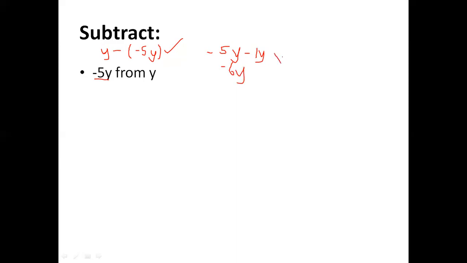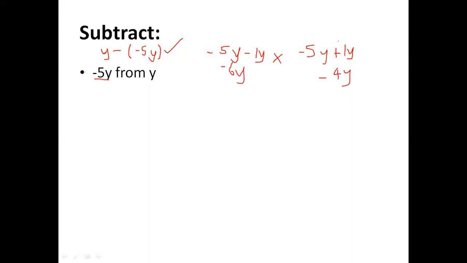But this is not what we are asked. In case of addition, we can do this, children. If we were told to add minus 5y plus y, then I could easily add this and say minus 5 plus 1 will give me minus 4y.